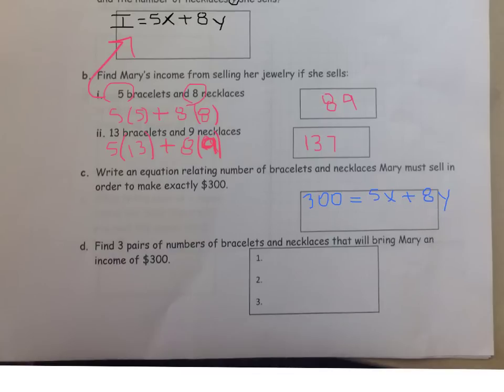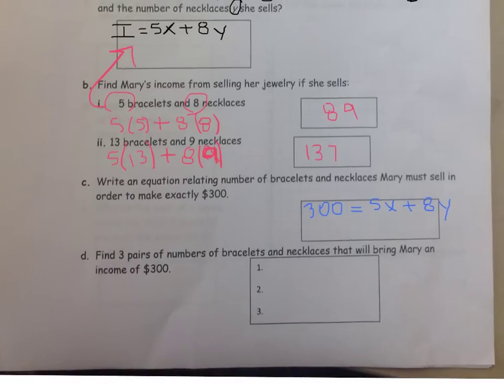So I'm going to start with my X value and think, what could I plug in for X here to give me 300? Well, 5 times what number gives me 300? So I'm basically doing 300 divided by 5, which gives me 60 bracelets. If I sell 60 bracelets, then that means I don't need to sell any necklaces.